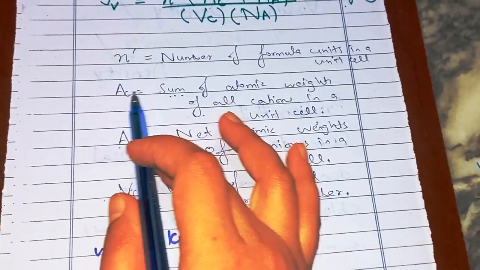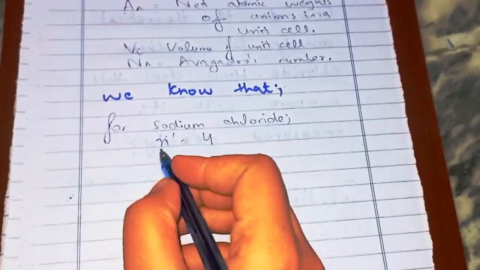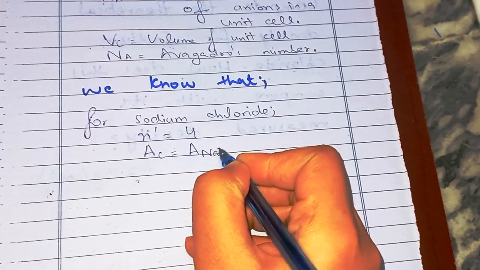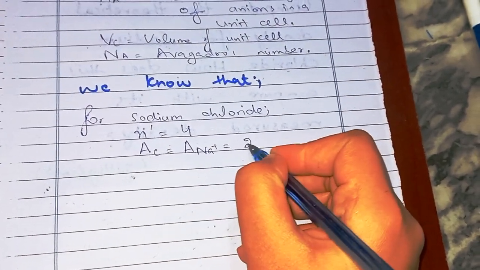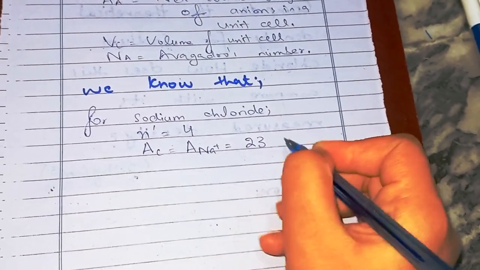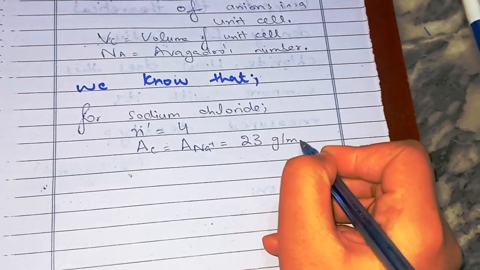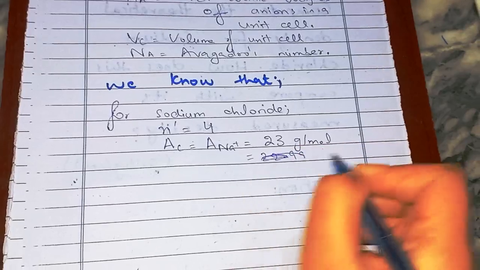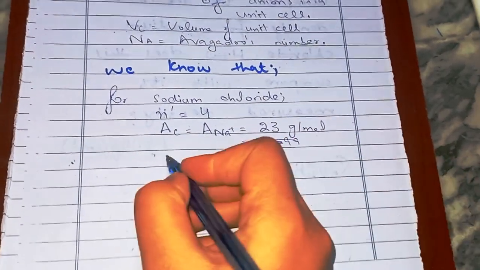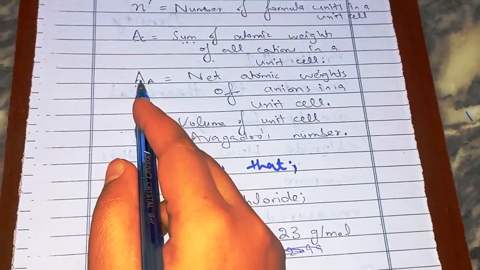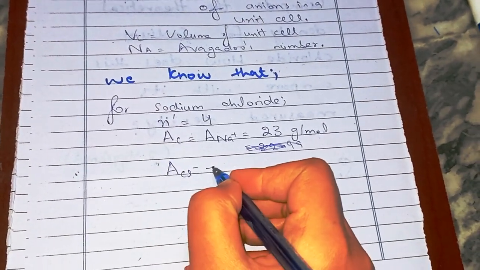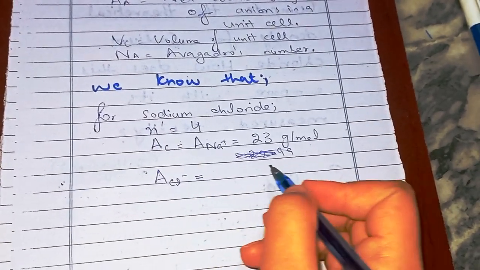And the atomic weight of the cation equals the atomic weight of sodium, because it is the cation, and it's 23 grams per mole. Specifically it is 22.99, but I'm using 23 grams per mole because it's fine. And the atomic mass of the anion is for the negatively charged ion, chloride here.